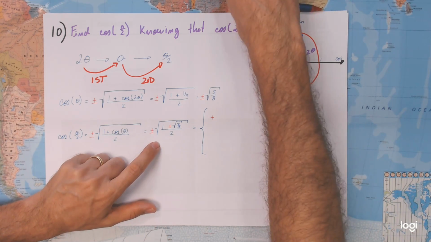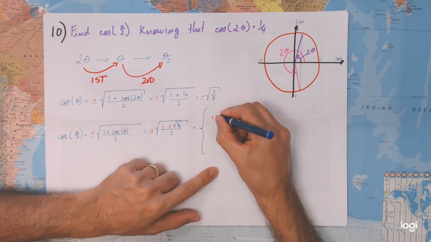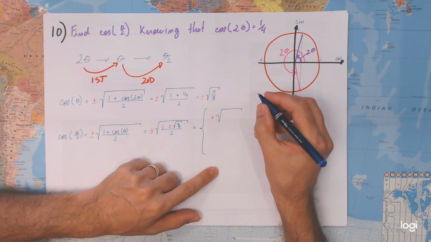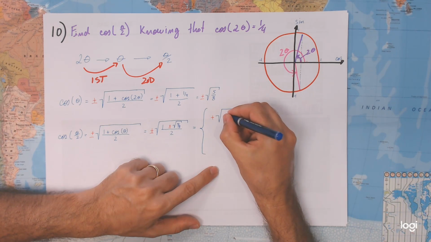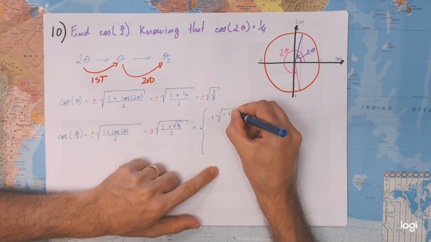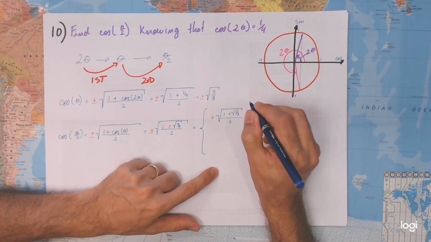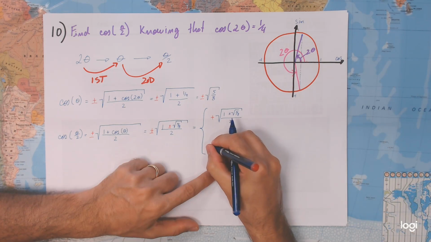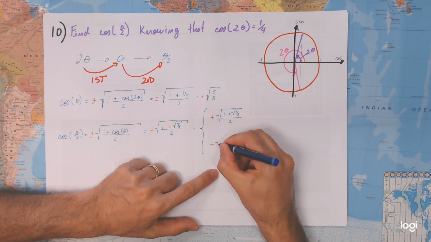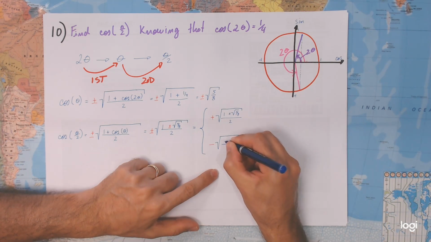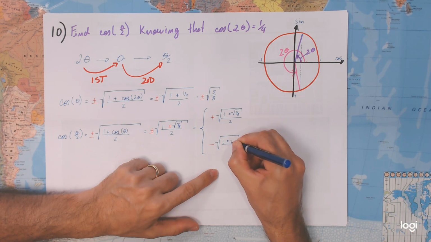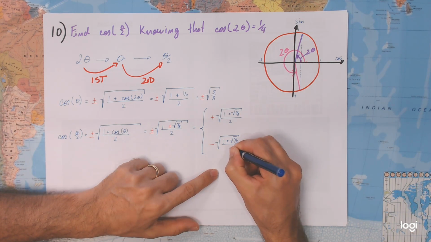The plus square root is this: 1 plus or minus the square root of 5/8 divided by 2. The other one is going to be the negative square root: 1 plus or minus the square root of 5/8 divided by 2.